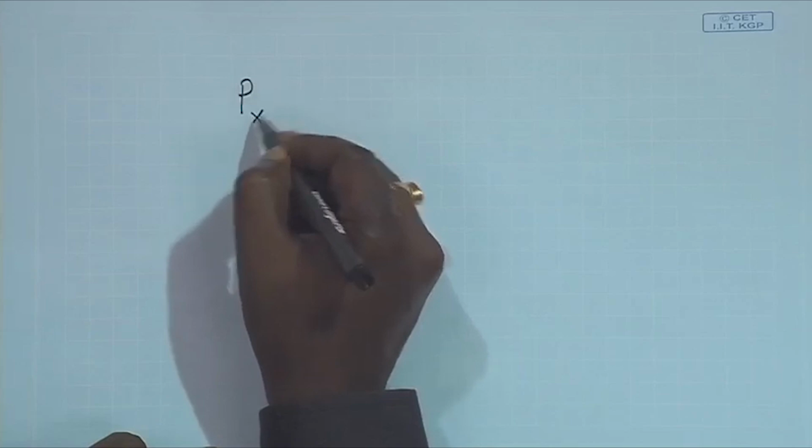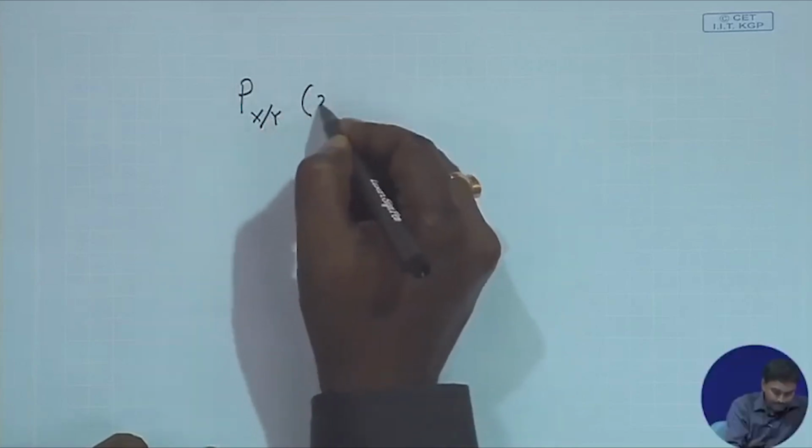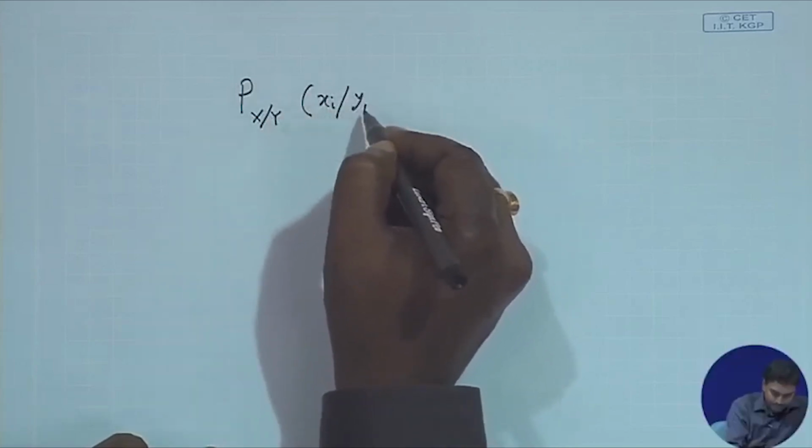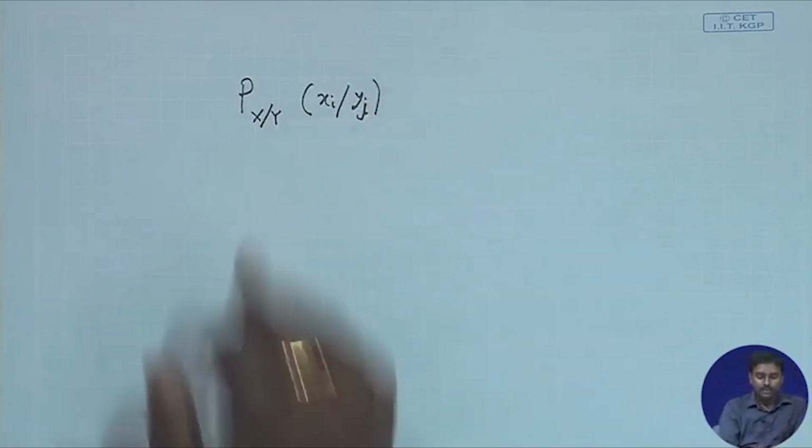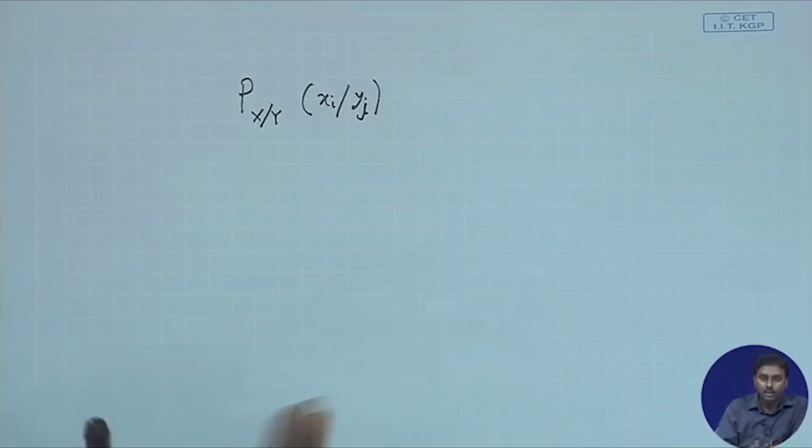So, after defining this, with the same definition and notation, we started defining the conditional event. We have also said that the conditional event is represented as x given y, which is actually a conditional thing.